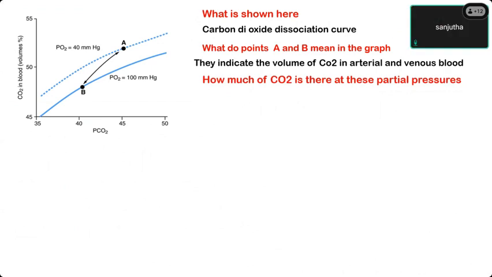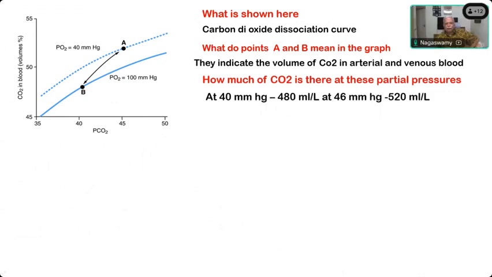If you drop a line from here, point B is 40 millimeters of mercury, and point A is 45 millimeters of mercury. 40 millimeters is 480 ml per liter.